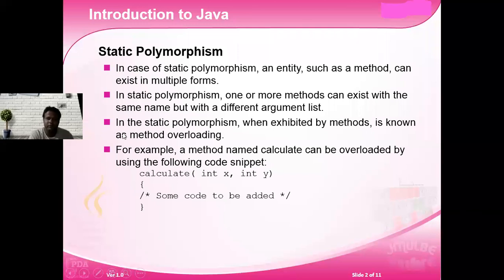In static polymorphism, the same function is used in a class more than one time, but its functionality changes. Sometimes the number of parameters is different, the type of parameter is different, or the sequence of parameters is different. So how is it possible?